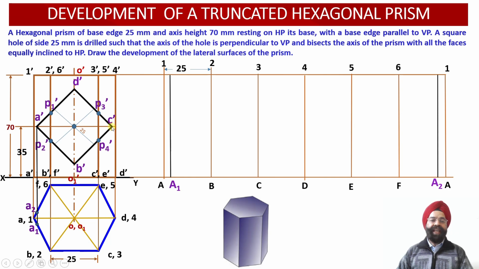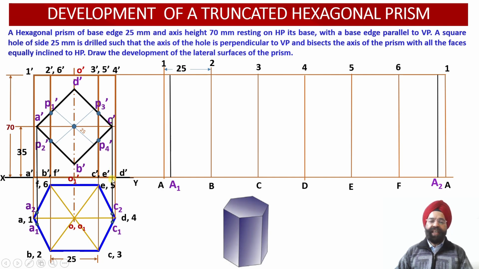Similarly, point C dash again does not intersect with any one of the existing vertical generators of this hexagonal prism over here. So corresponding to the point C dash, let us draw a vertical projector line and let us evaluate where it intersects with the front face of the solid, and where it intersects with the rear face of the solid.